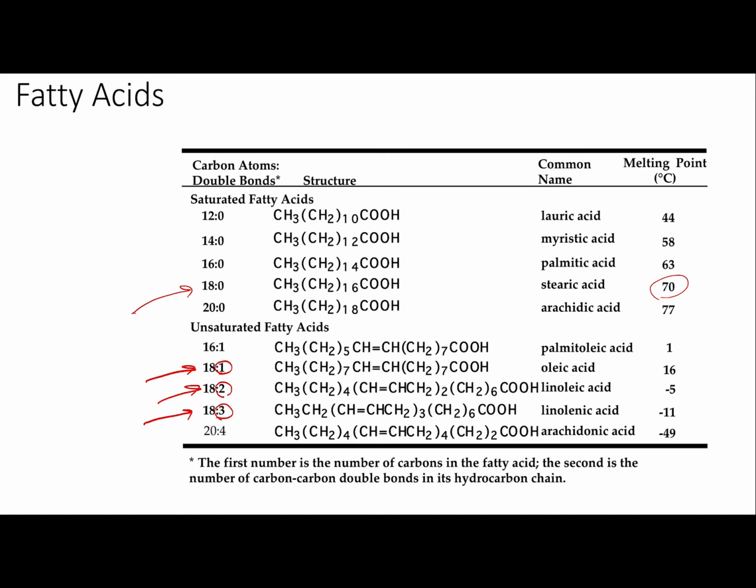Each of these with just 1, 2, or 3 double bonds changes the melting point from 70 degrees down to 16 degrees. So already at room temperature, this one's a liquid, then -5 and -11 degrees. So at room temperature, all 3 of these are liquid, where this one's a solid, and they have the same number of carbons. This is because they don't pack together as well.